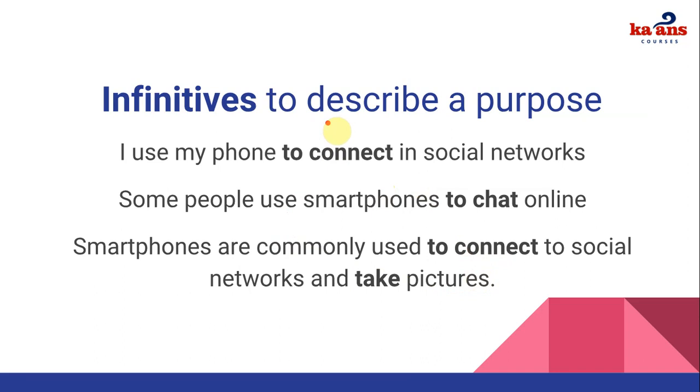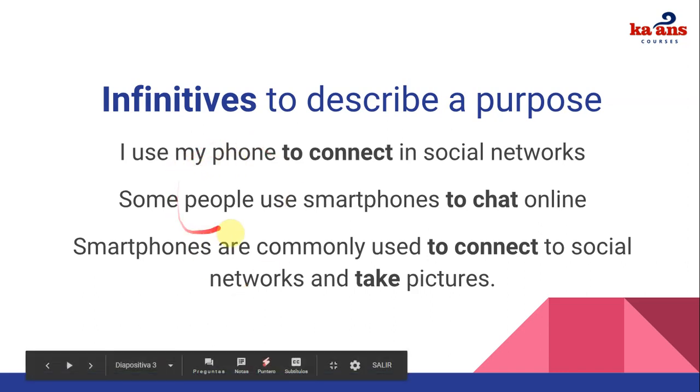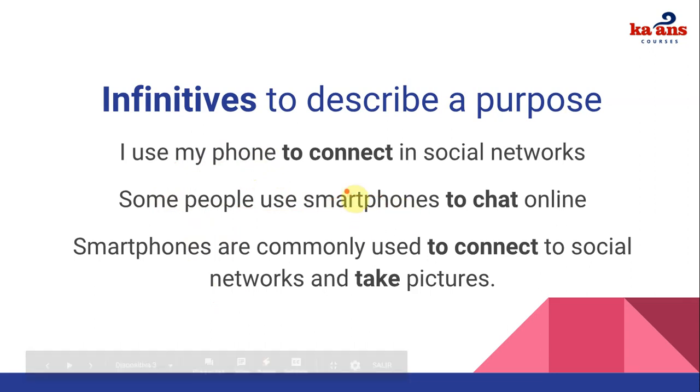And the second part, to describe a purpose, means that you're going to give information and the reasons why you use, why it's necessary to have or to own any kind of object. Okay? So, as you can see in these examples, we have phone or smartphones.